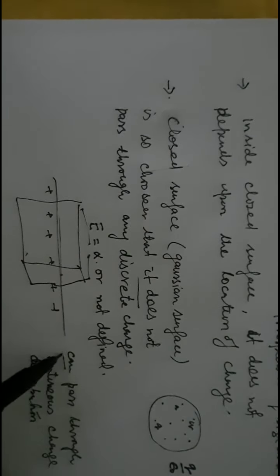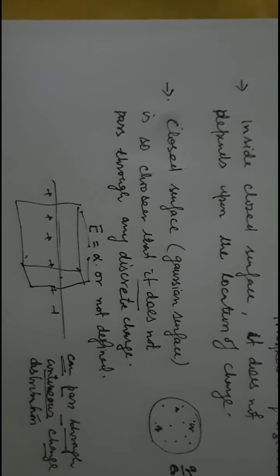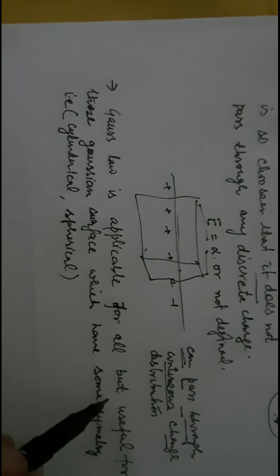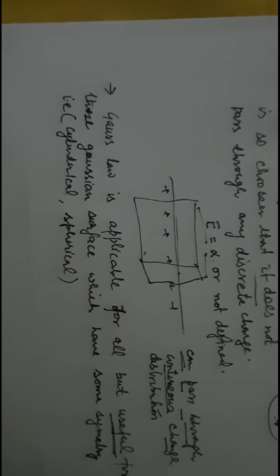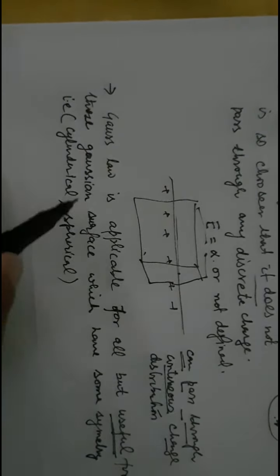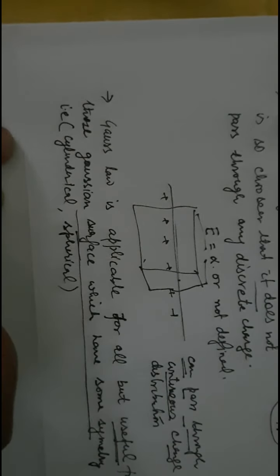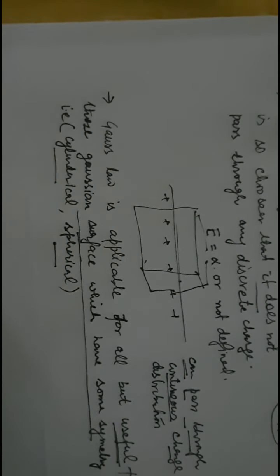But the Gaussian surface can pass through a continuous charge distribution. Fourth point: Gauss law is applicable for all surfaces as we discussed, but it is useful to calculate electric field only for those surfaces which have some symmetry, that is cylindrical or spherical symmetry.